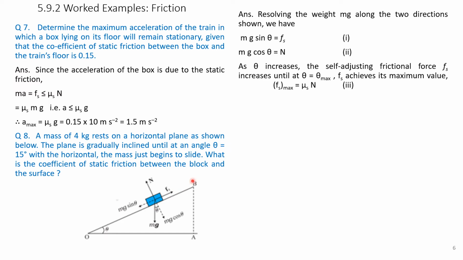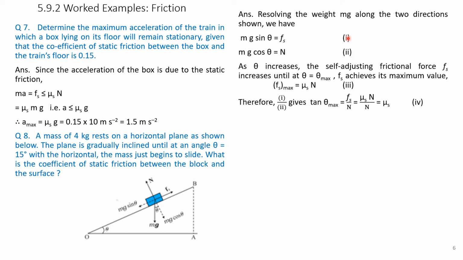As theta increases, the self-adjusting force Fs increases until theta equals theta max. So Fs achieves its maximum value, that is Fs max equal to mu s into N. Let it be equation 3.